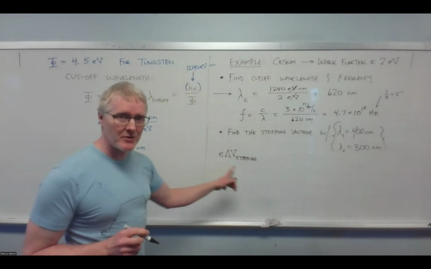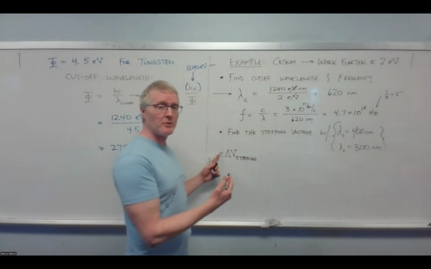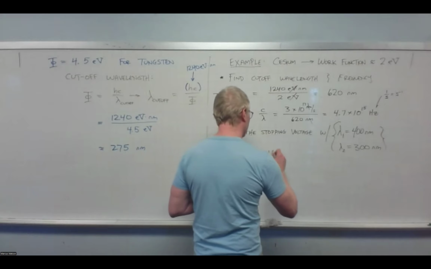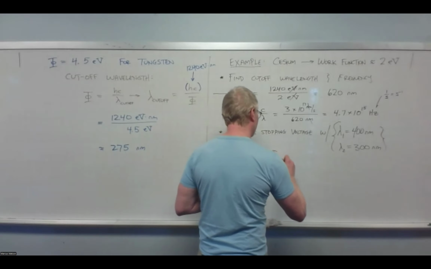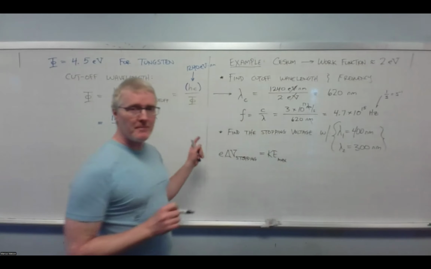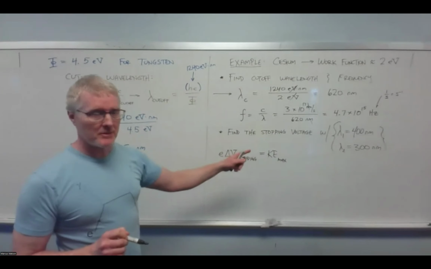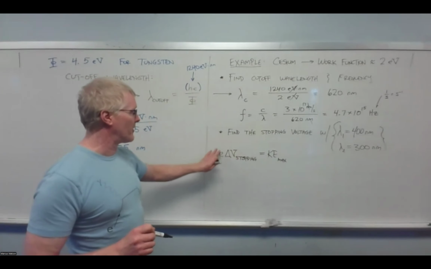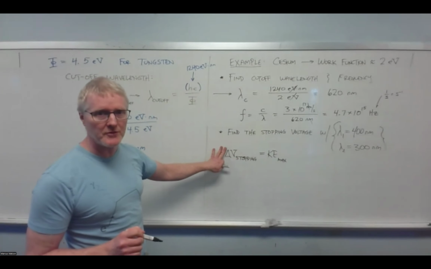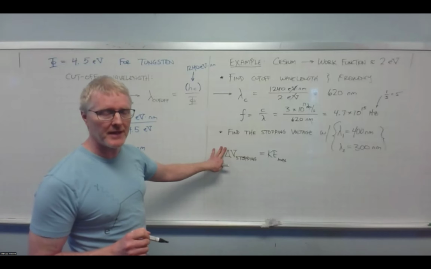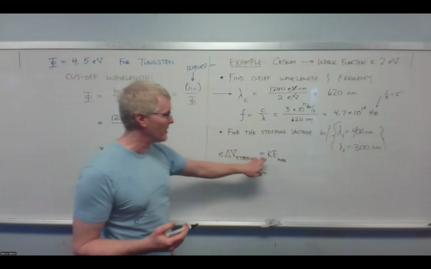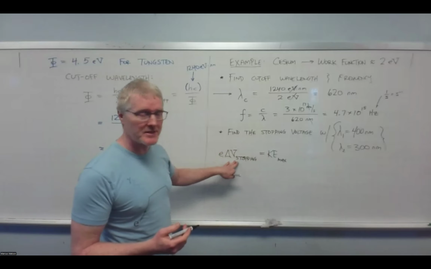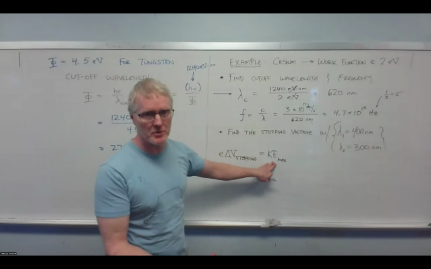Okay, so this is an energy, and remember, this is energy equal to the kinetic energy where there's a maximum. This is the max KE. Numerically, these are the exact same numbers, right? So of course they are, but the voltage is equal to the KE max numerically. So remember, if I have 2 volts necessary to stop it, that's because I have 2 eVs worth of kinetic energy.